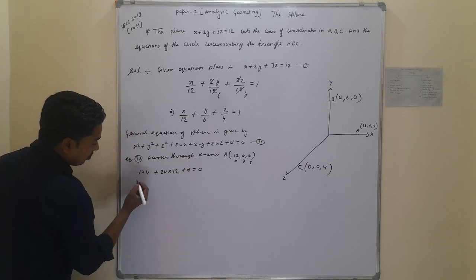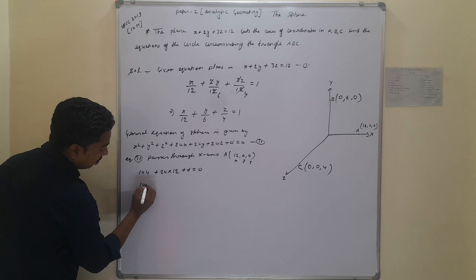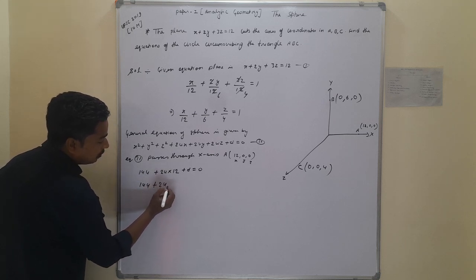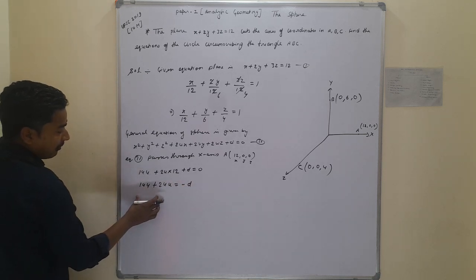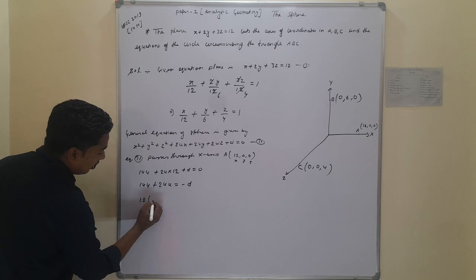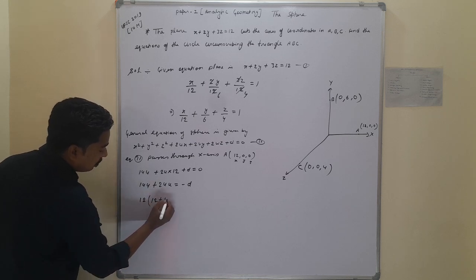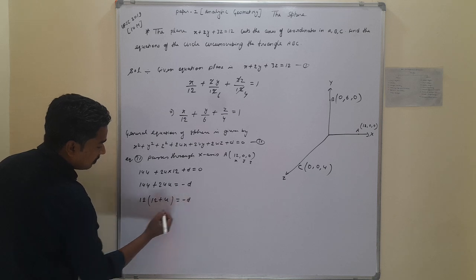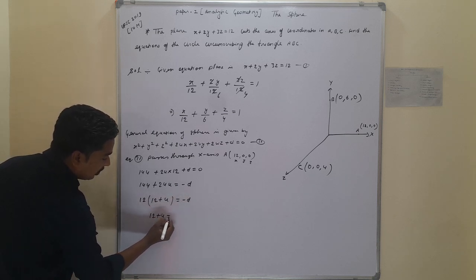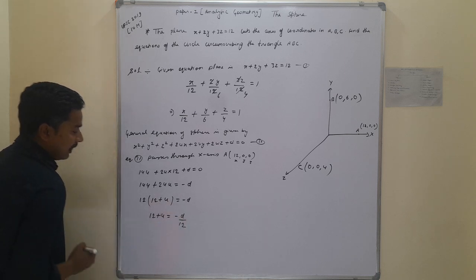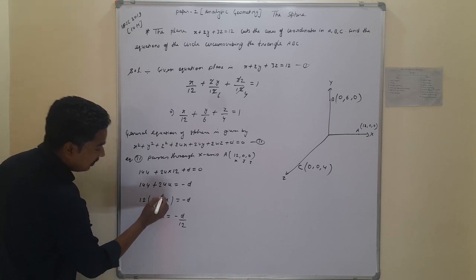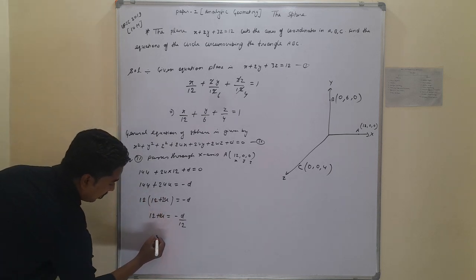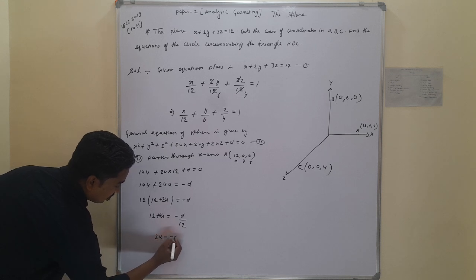From here we get 144 + 24u = -d. Taking 12 common, we get 12 + 2u = -d/12. So 2u = -d/12 - 12.